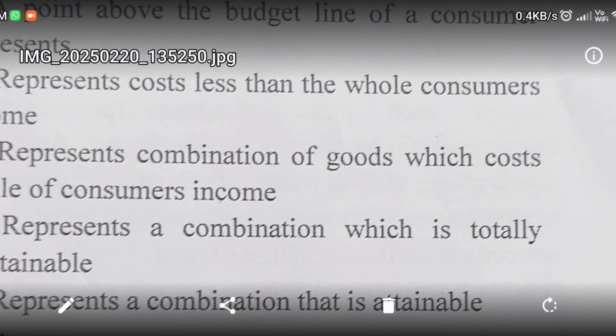The point below the budget line represents a combination the consumer is able to purchase; this is underutilization. But above the budget line is unattainable to purchase because he does not have the income to purchase such goods. C is the right answer.